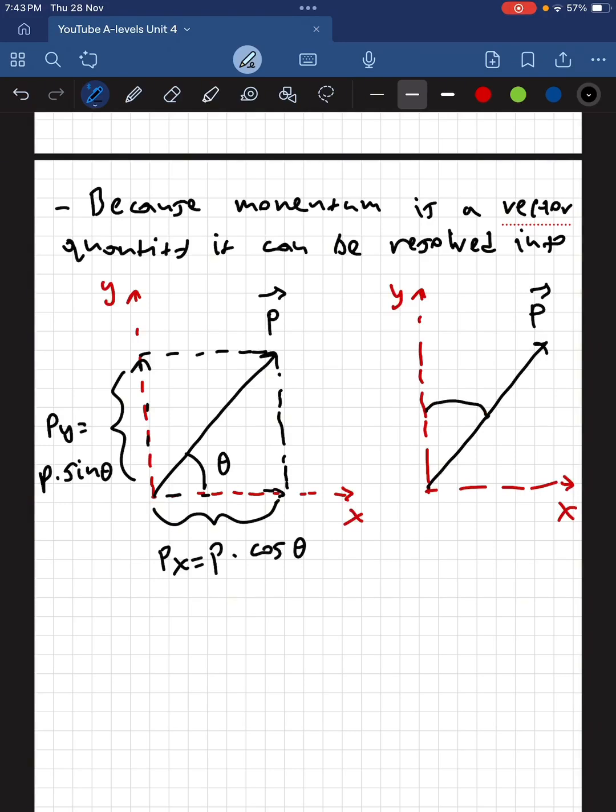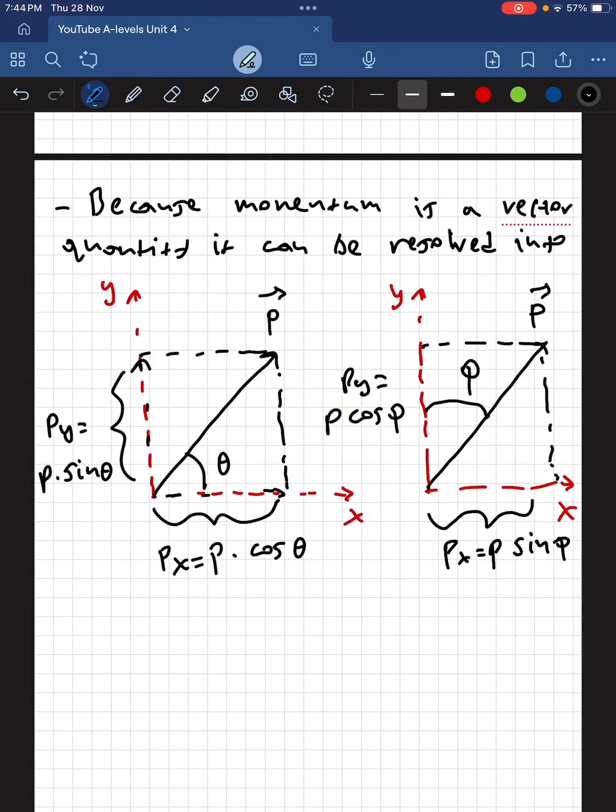But let's say now they give you phi, the angle that the vector makes with the vertical. So we can keep our cool and resolve into the x component, which is now px equal to p, the magnitude of the momentum, times sine phi. And the y component py is simply p cosine phi.